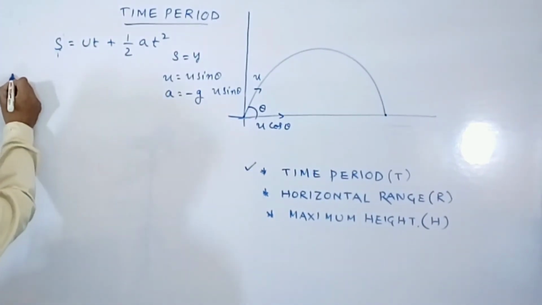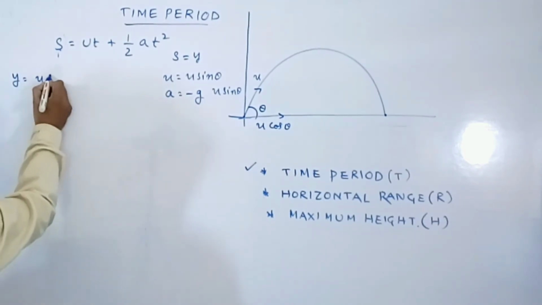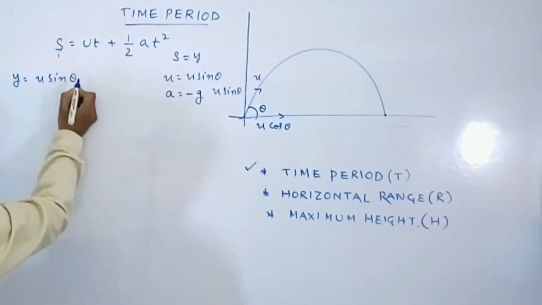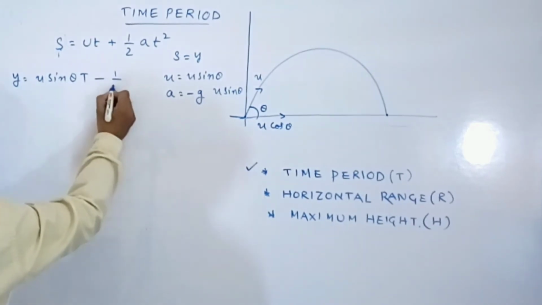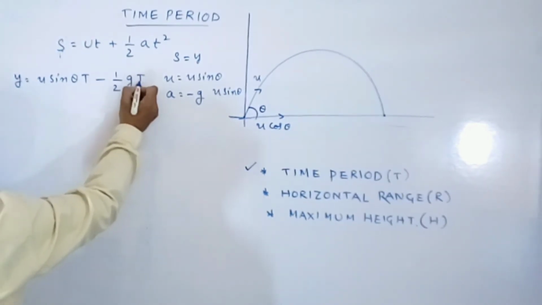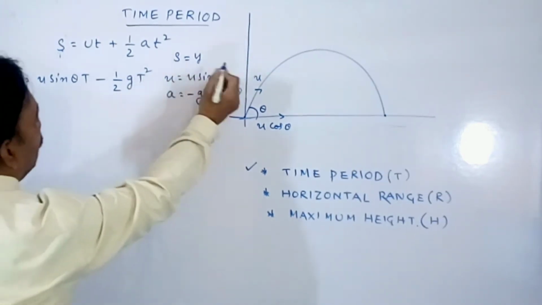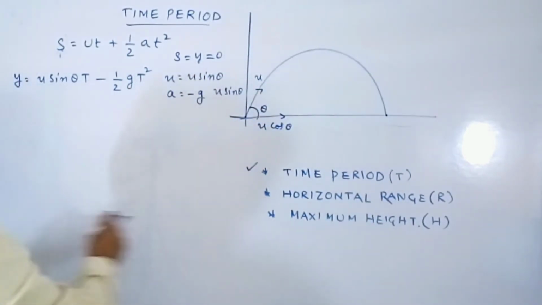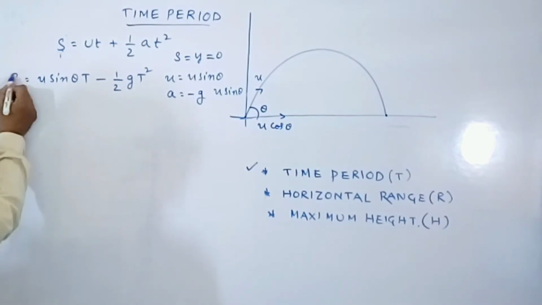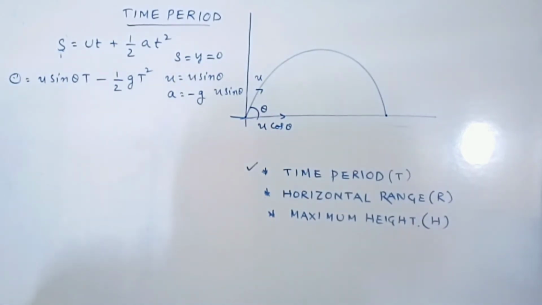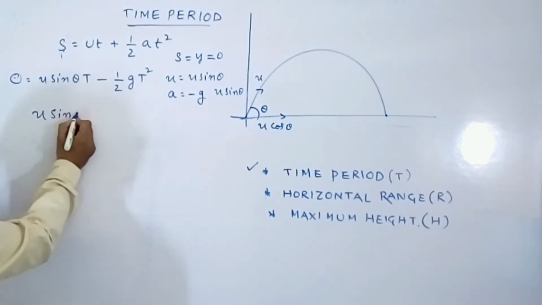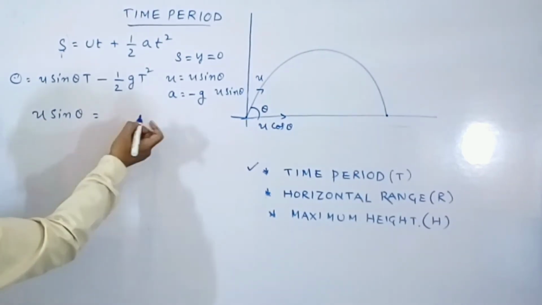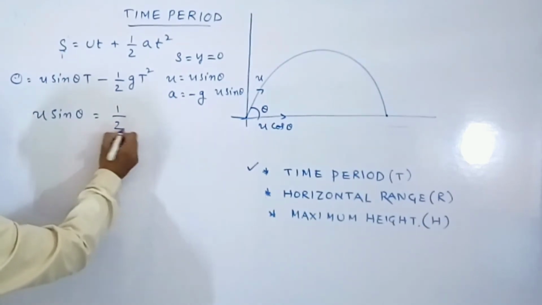Y is equal to u sine theta into t minus half g into t square. I told you y is equal to 0, the vertical displacement is 0, so it can be replaced as 0. And we have u sine theta t is equal to half gt squared.